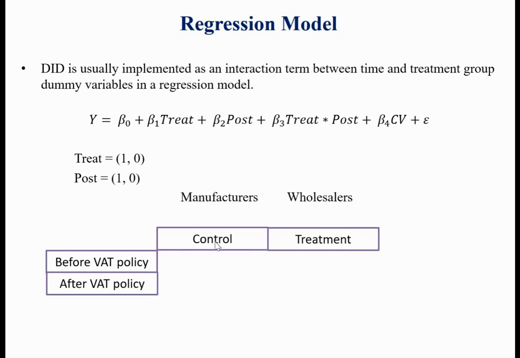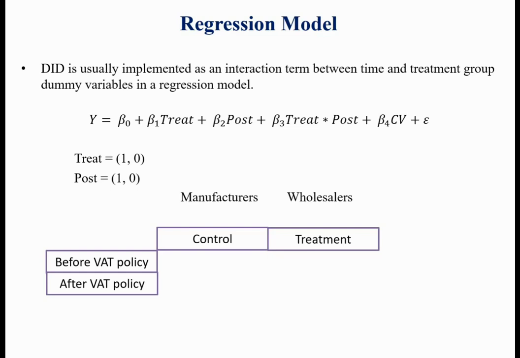Prior to the tax policy, they were both charging 20% VAT rates on their supplies. Now the government brings a change in the VAT rate such that wholesalers are to charge a rate of 5%, whilst manufacturers maintain their original 20%.